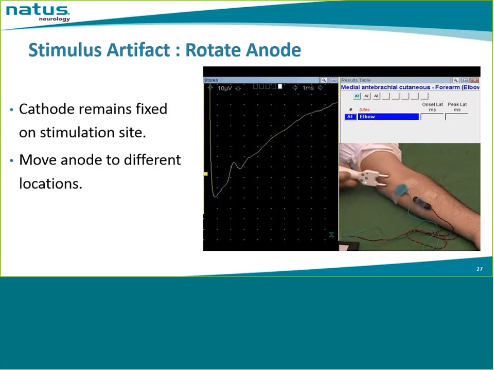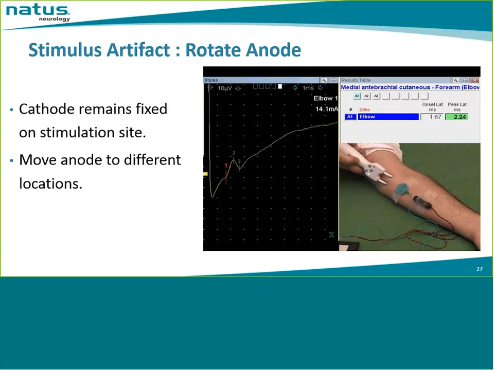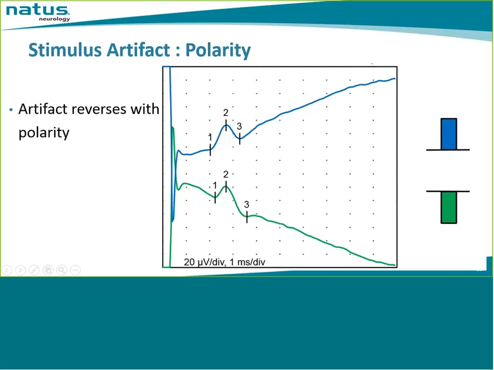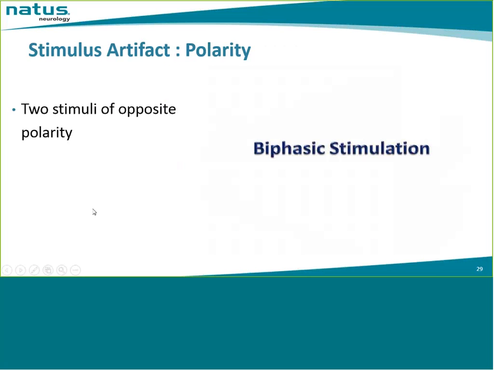If I were to reverse the polarity, then the artifact will go in the opposite direction because the electrical field produced by the stimulator is now reversed. So the two polarities of stimulation produce artifacts that are going in opposite directions. And this is the property that we are going to exploit in the so-called bipolar stimulation or biphasic stimulation.